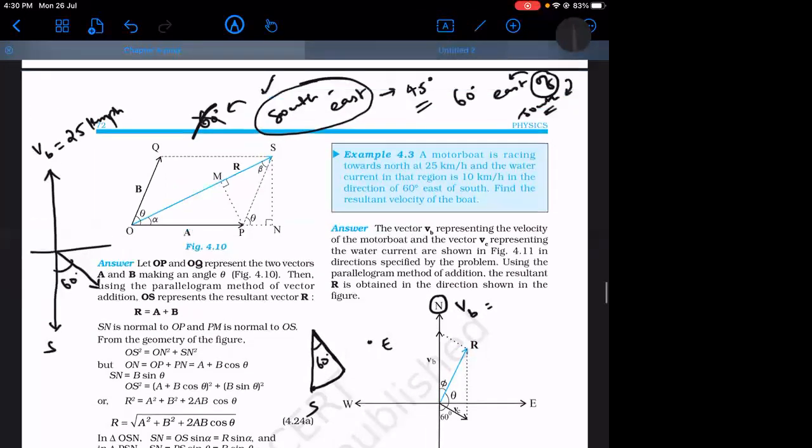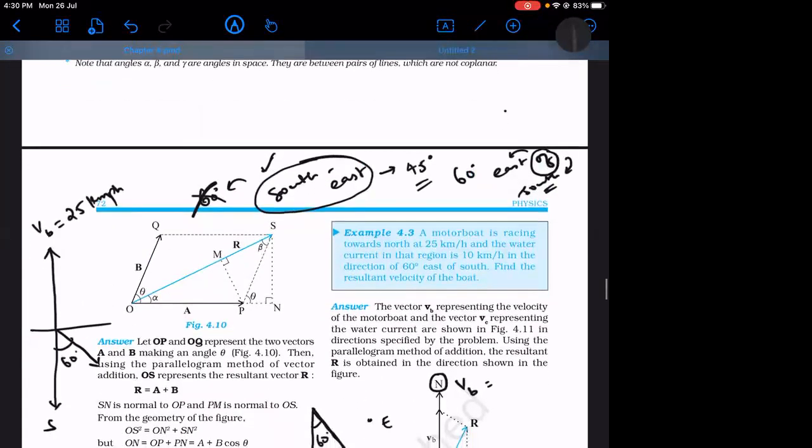And there's a direction. So what are they asking? Find the resultant velocity of the boat. So there is a velocity of the river, ten kmph. So what will be the resultant, guys?